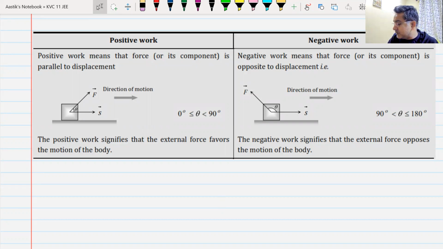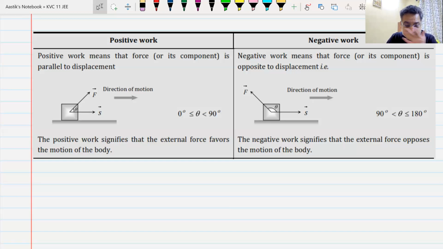Remember this concept because positive work is positive work and negative work is negative work. Positive and negative tell us a lot of things, whether force and displacement are at an acute angle or at an obtuse angle. That makes a lot of difference. You cannot call negative work positive work. You cannot call positive work negative work. You cannot tell what is the magnitude of work. No, positive and negative make sense here.